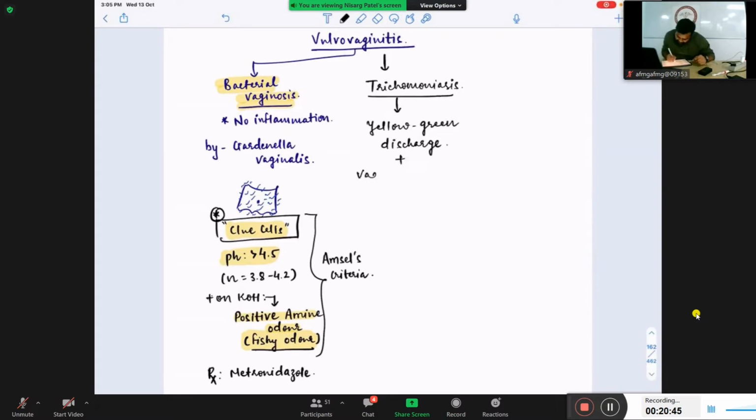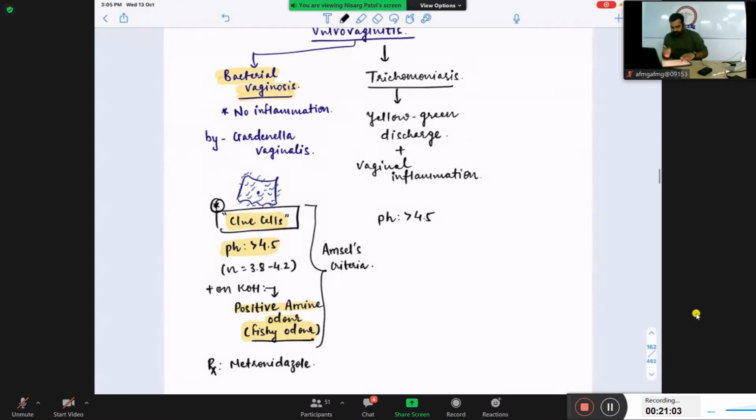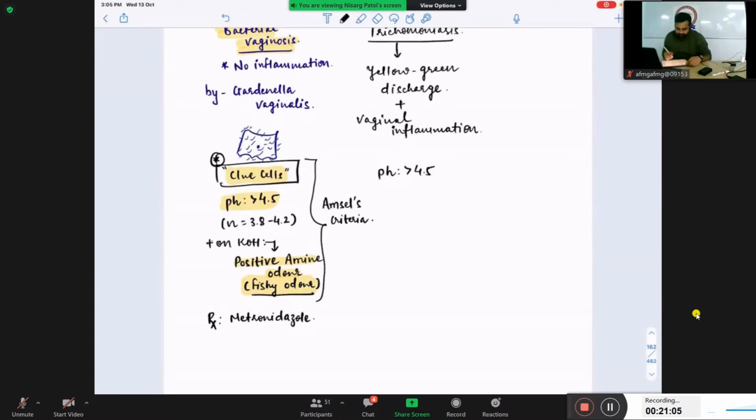Plus, the patient will have vaginal inflammation. pH will also be alkaline here, more than 4.5.